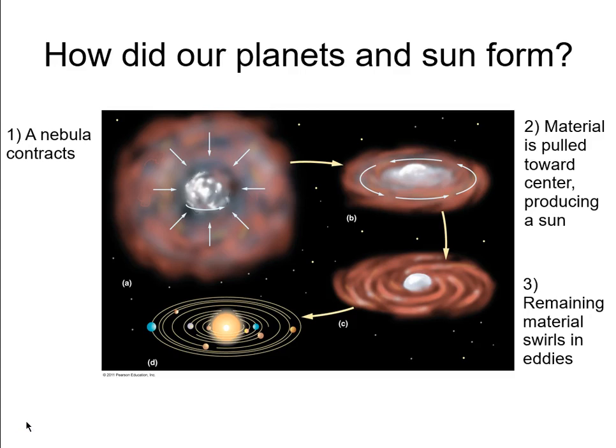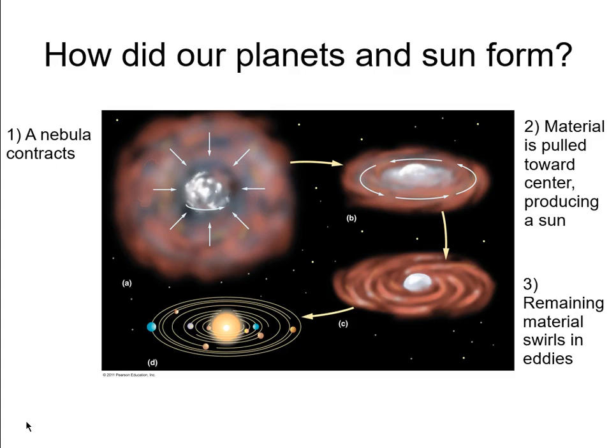is swirling around the sun, and it's forming little eddies. We can think of an eddy like the eddies that form in water. When the water is moving around, sometimes you'll see a little swirl that forms. That's an eddy. In the solar system, or before it's really a solar system, it's basically still a nebula with an early sun in the middle.